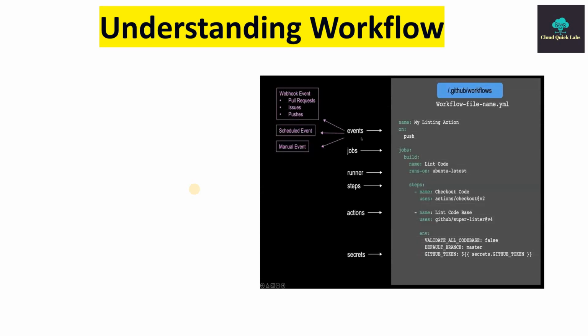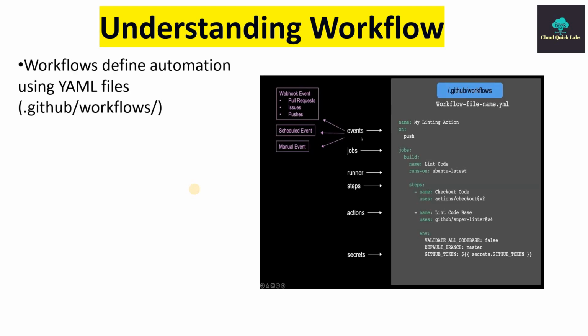Let's try to understand what a workflow is, what the GitHub Actions workflow is here, right? As you see on the right hand side, that is an example GitHub Actions workflow. You see that it is a YAML file, and that YAML file has a declarative syntax.